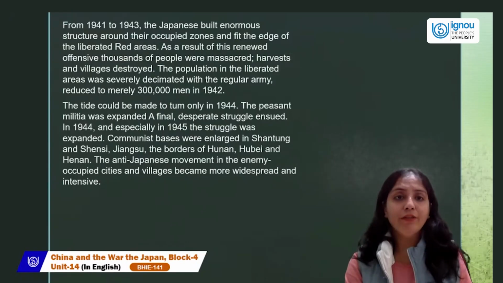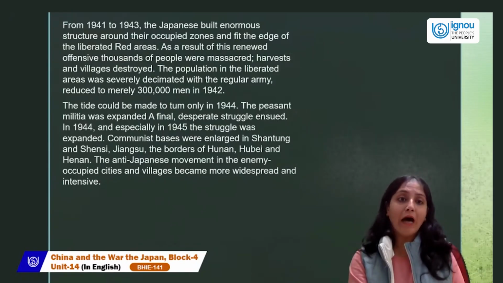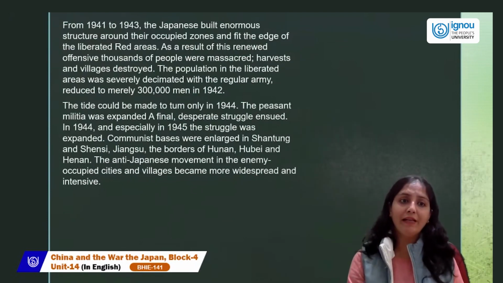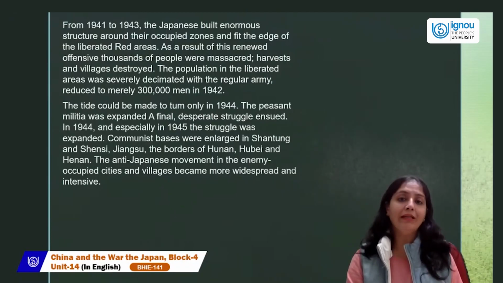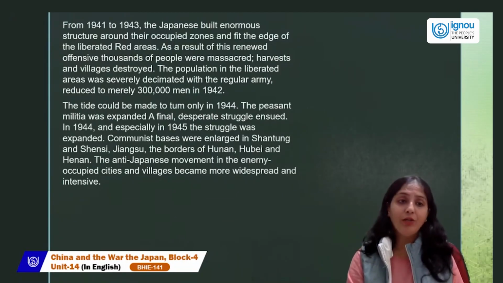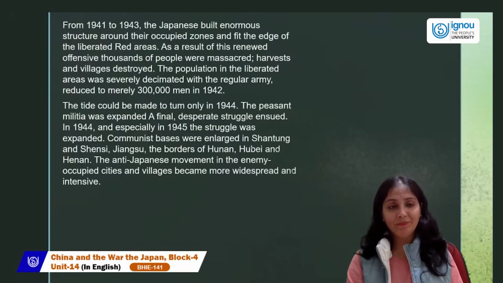As a result of this renewed offensive, thousands of people were massacred, and harvests and villages destroyed. The population in the liberated areas was severely decimated, with the regular army reduced to merely 3 lakh men in 1942.